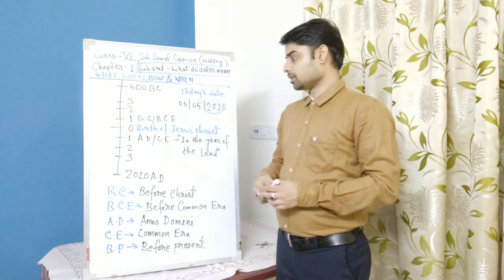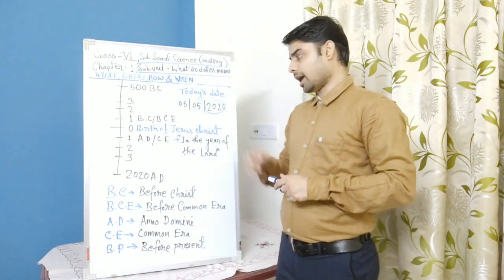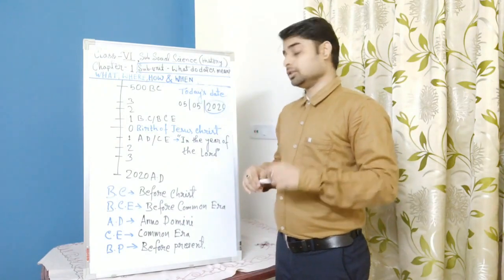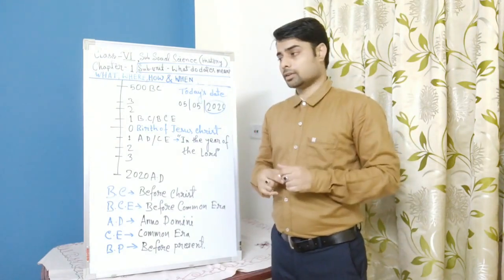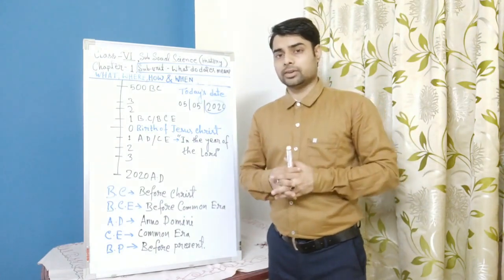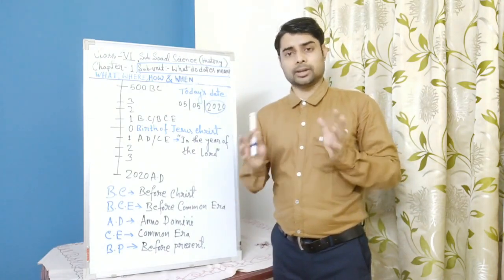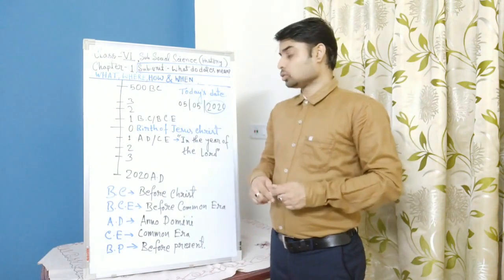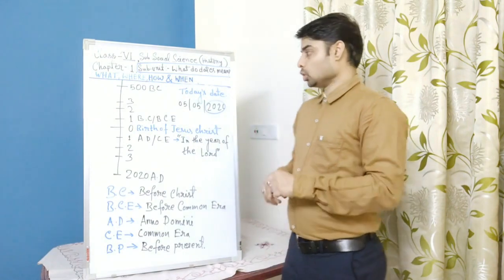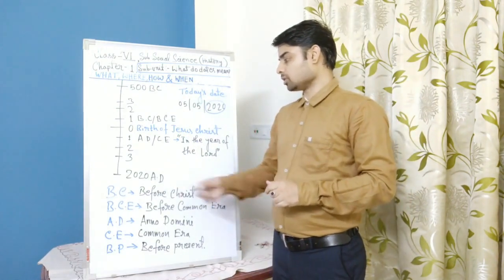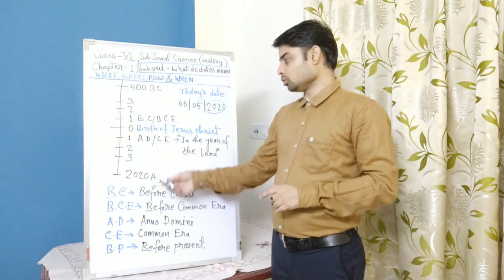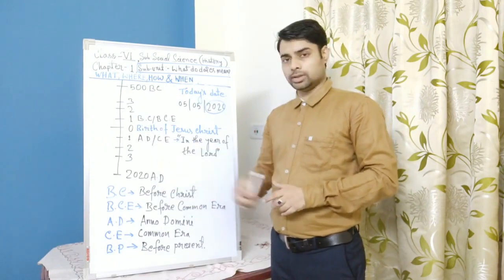And if I give you an example, in your book you have mentioned that 2500 years ago the first kingdoms were established on the bank of river Ganga. So it is 2500 years ago. So if today is 2020, meaning 0 to 2020, it is 2020 years.